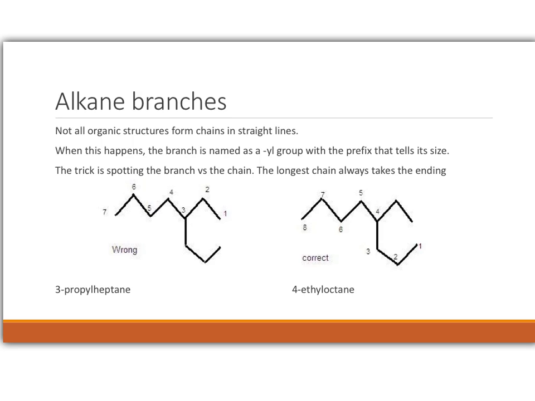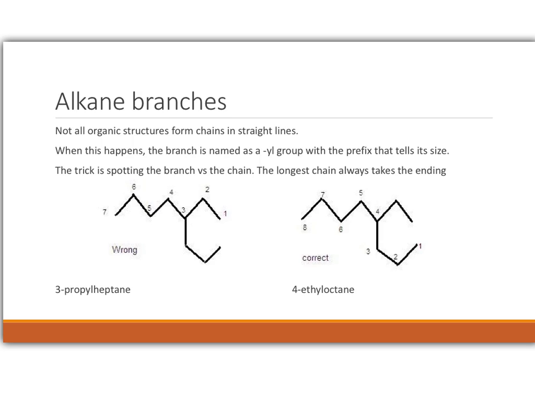The naming is very similar for branches off of the carbon chain. The only difference is that you're going to put a number for the carbon that it comes off of. Okay? The trick with this, because it's carbon chains, is you need to make sure you spot the longest chain before you start naming your branches. Okay?